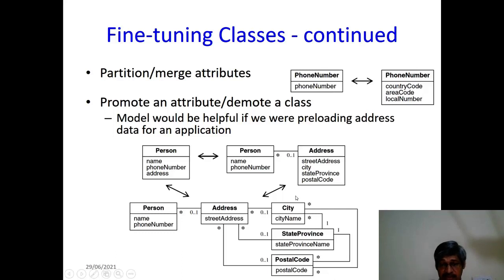You can have the classes to which you are associating this address. Why would you do this one? Say for example, if you are designing an application where you are populating the data, preloading all this address data for an application, probably you will be getting the data in this form. Say for example, city, state, province, and the postal code, etc. Then the third model would be better. So which one would you like to implement?